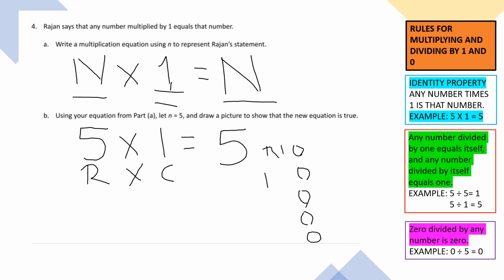Row 1, row 2, row 3, row 4, row 5, and 1 column. 5 rows times 1 column equals 5. That's true.